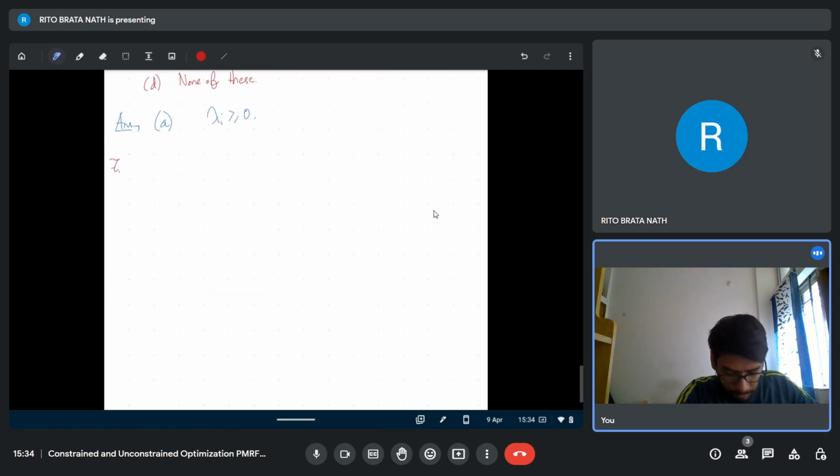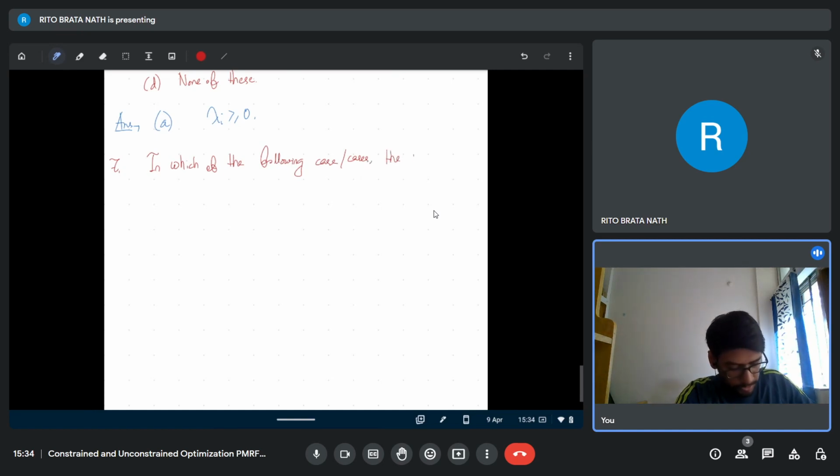The seventh problem is related to the KKT conditions being sufficient for the existence of the optimum point. Which of the following is true?